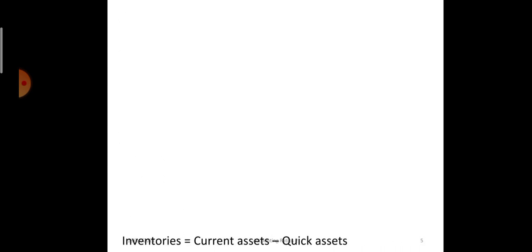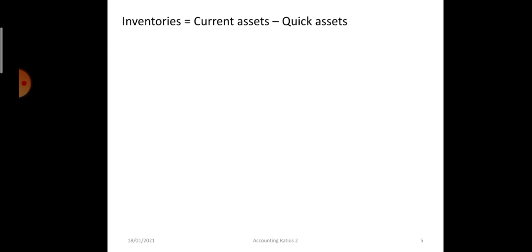So current assets minus quick assets is equal to inventory. The value of inventory mentioned in the question is 24,000. From the equation, we calculated current assets is equal to 3.5 times X, or current liabilities, and quick assets is 2 times X. The difference, 24,000, is equal to 1.5 times X. So the value of X comes to 16,000.